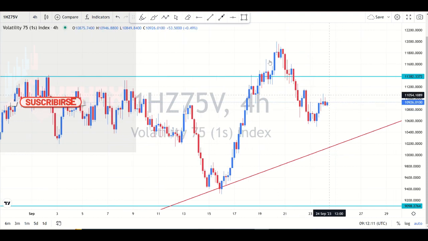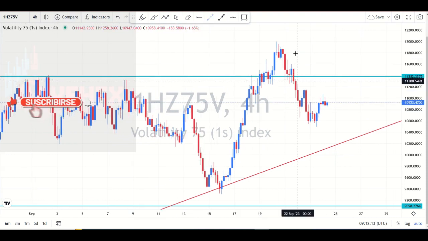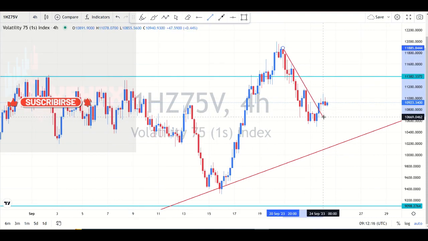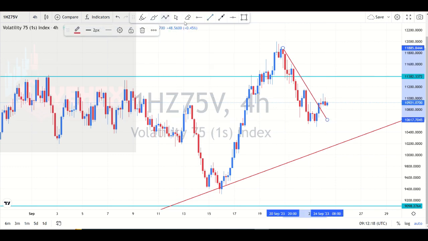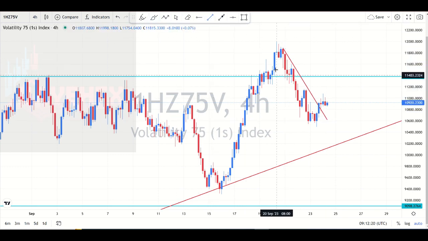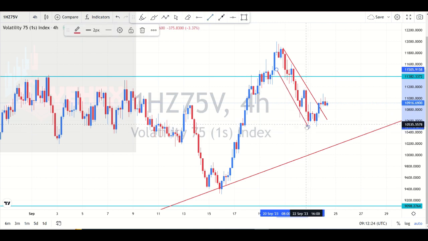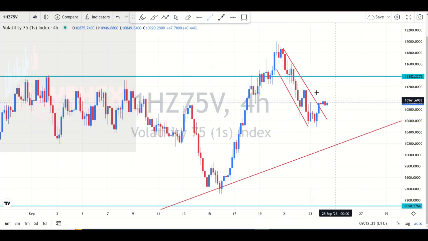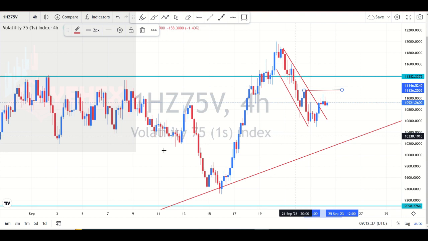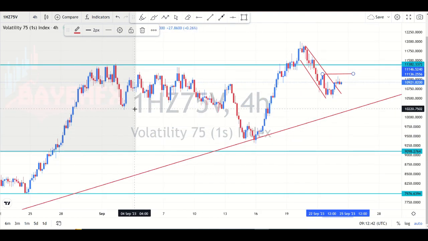So as you can see here, we're in a channel there to know if the market is done with the correction. So right now we can see a nice clean breakout to signify the overall direction of the market. So we're going to wait cleanly to see if there's a change of direction. I need to see the market breaking this high to start giving us the sign to confirm.